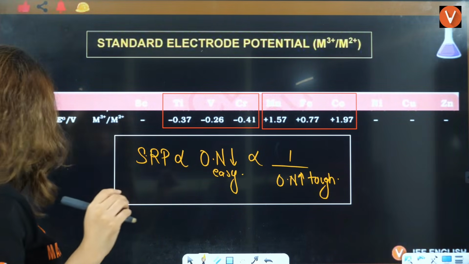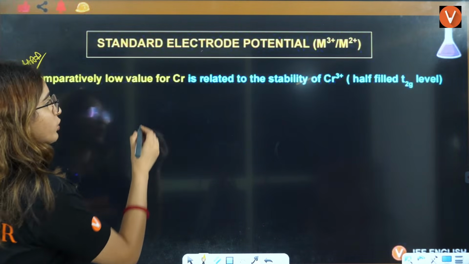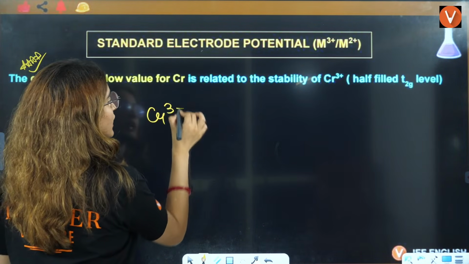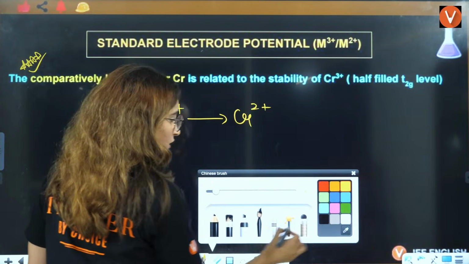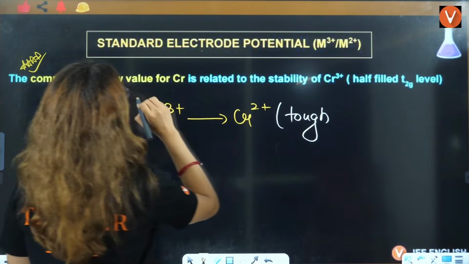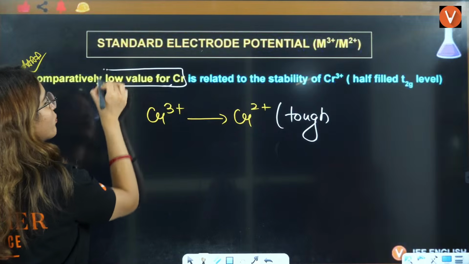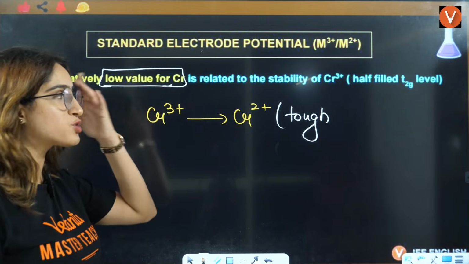That means it is very difficult to convert chromium 3 positive to chromium 2 positive. It's very tough, because its reduction potential is low, so its conversion is also low.